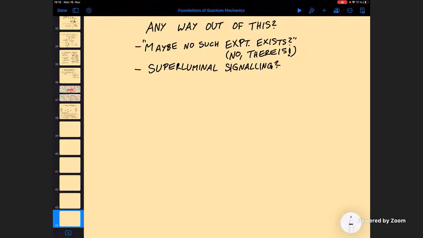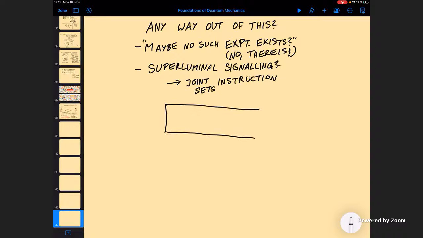Because if that were the case, you could just have joint instruction sets. So instead of just saying what happens at one of the stations when you choose one of 3 settings, you could make much larger tables that would actually include all the 9 combinations and then tell us, oh yeah, if it's 1-1, you have to give 3 red.